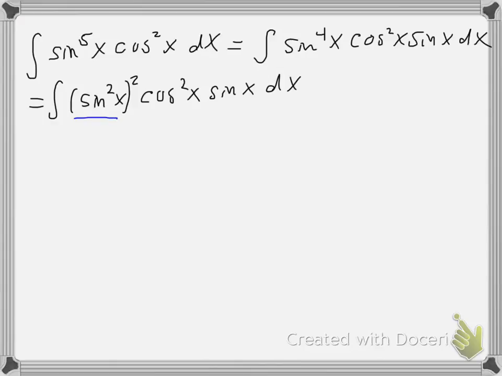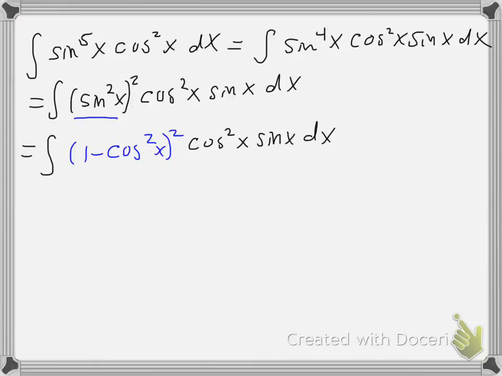Now, of course, this can be replaced by saying we have the integral of 1 minus cosine squared of x squared times the cosine squared of x times sine of x dx. Okay? So now let's use some u substitution on this. Let's say u is going to be equal to the cosine of x.